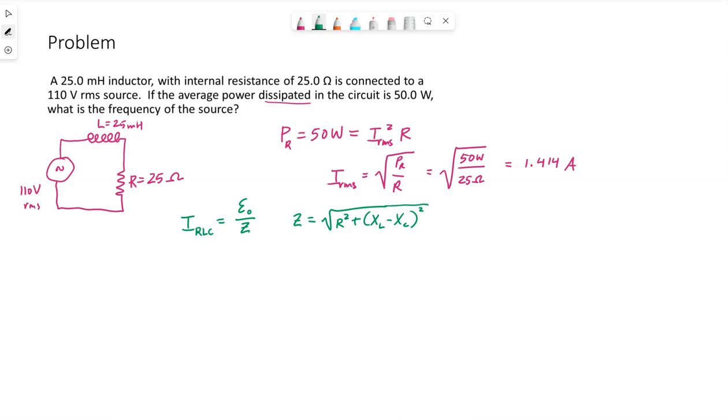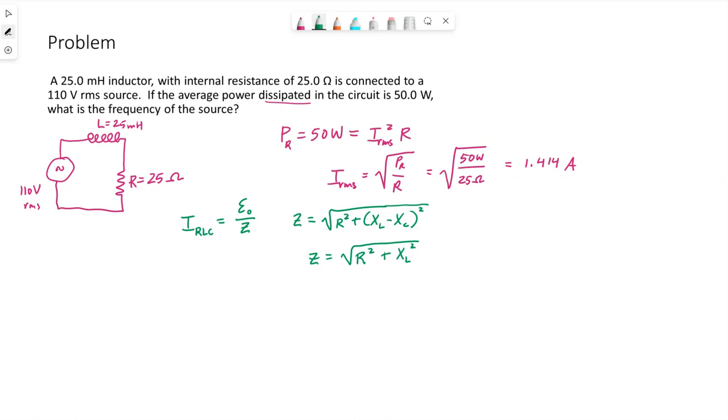Now we do not have a capacitor in this particular example, so it is totally valid just to leave the XC part out, not put 0 in for C. There is no XC if there's no capacitor.